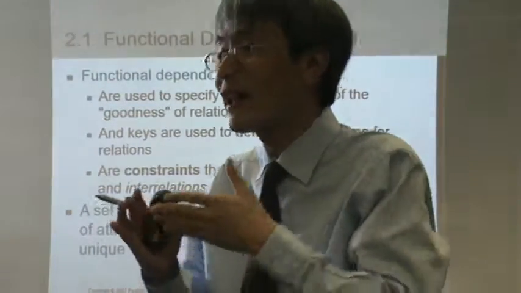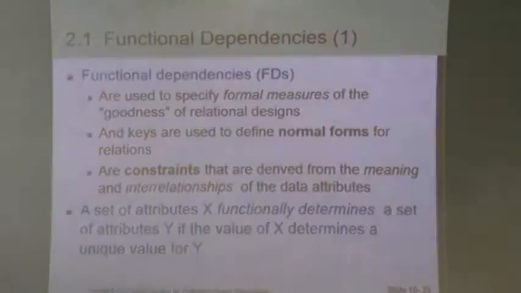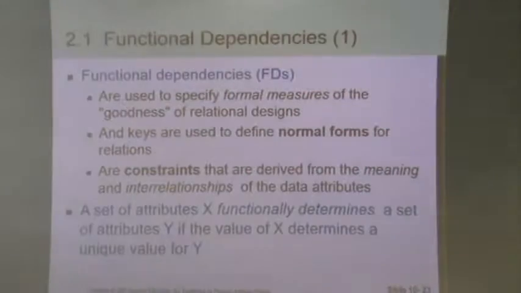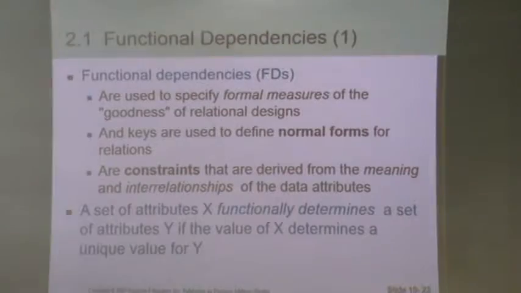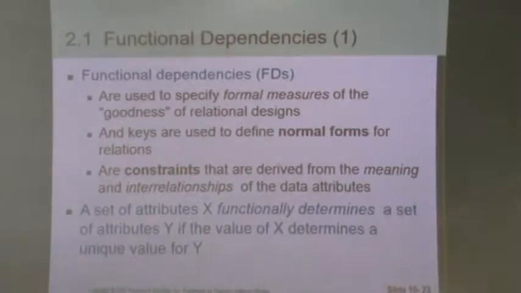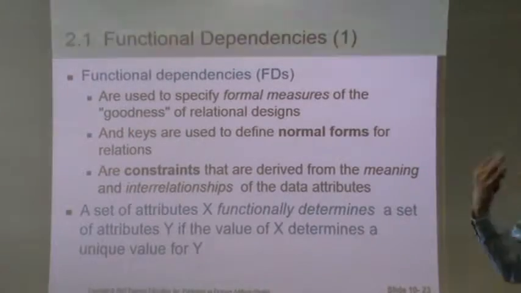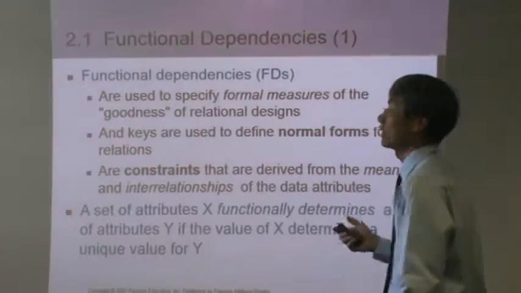In small and special cases you can easily apply such a guideline, but for a huge database design, it's not easy. It's not a general solution. So next, we are going to learn the formal definition of normalization, which is based on functional dependency.